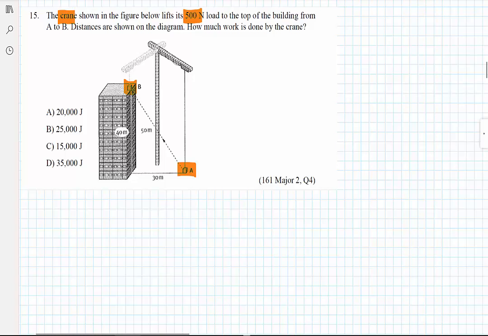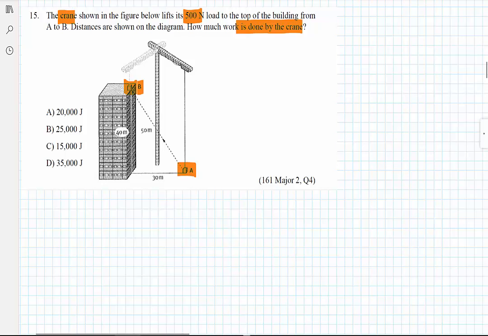To the top of the building, to point B, at the top of the building, as you see, the height of the building in the drawing is 40 meters, from point A to point B. Distance is shown. How much work is done by the crane? We need to find the work done by the crane. But here he needs to say that the efficiency of the crane or the process is 100%. Okay?